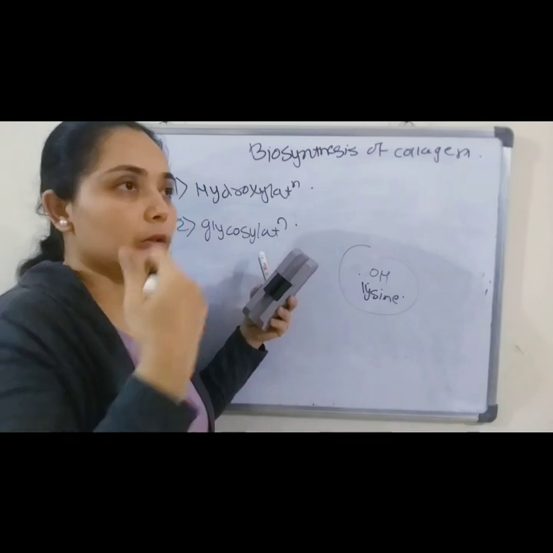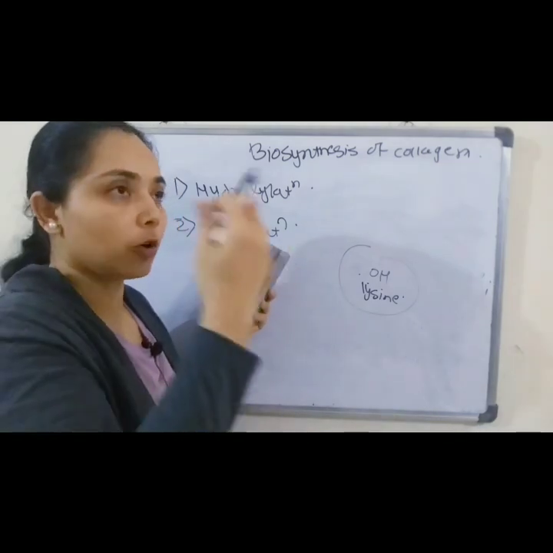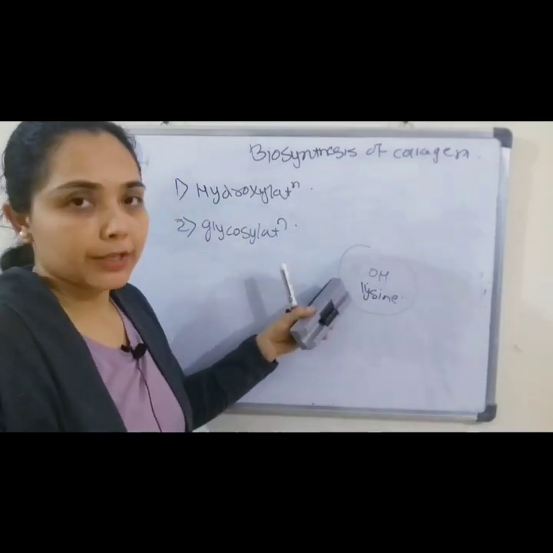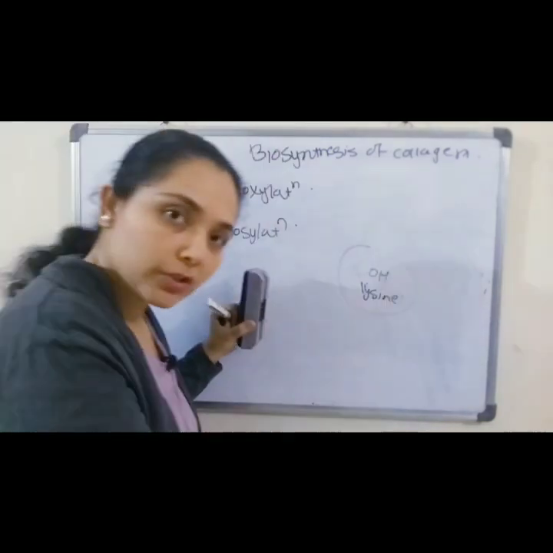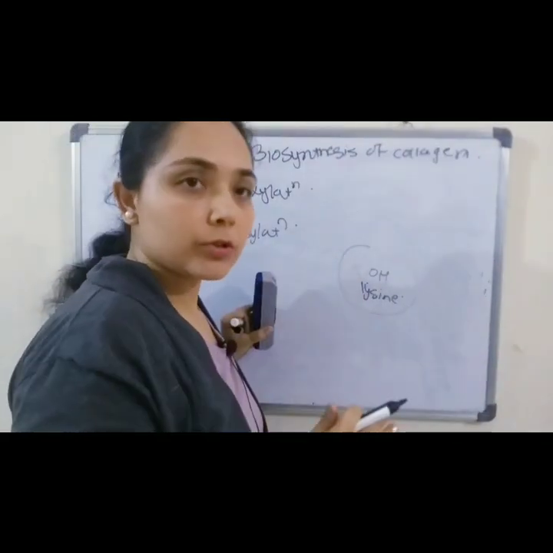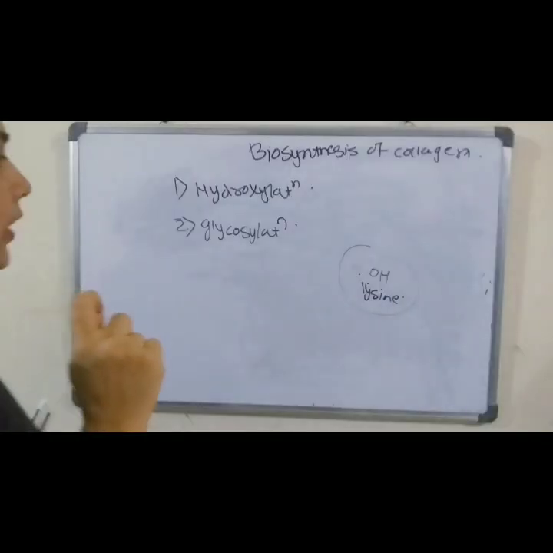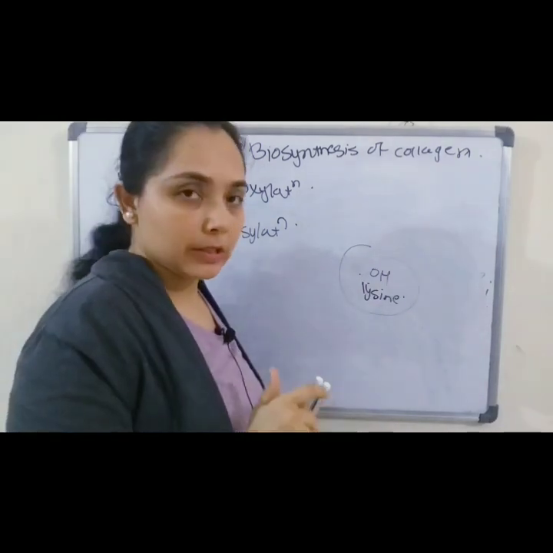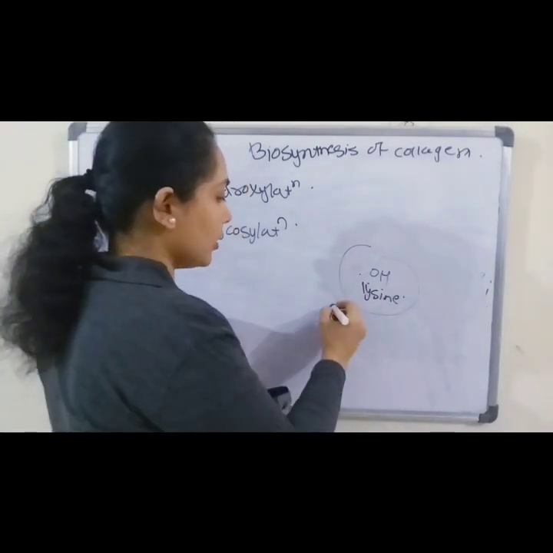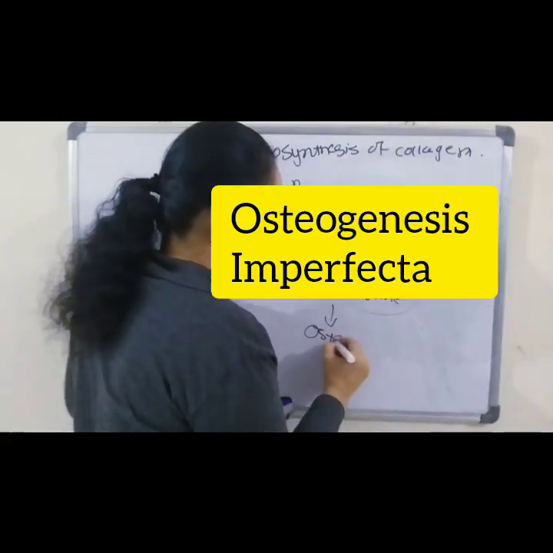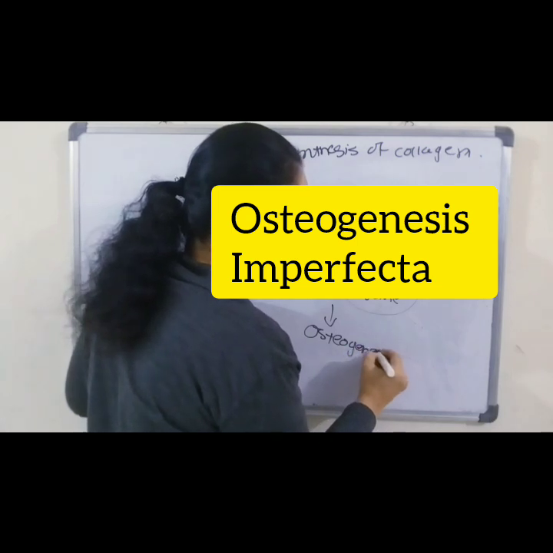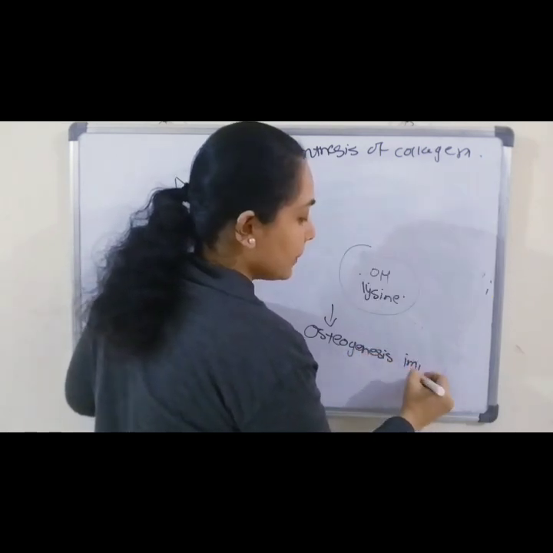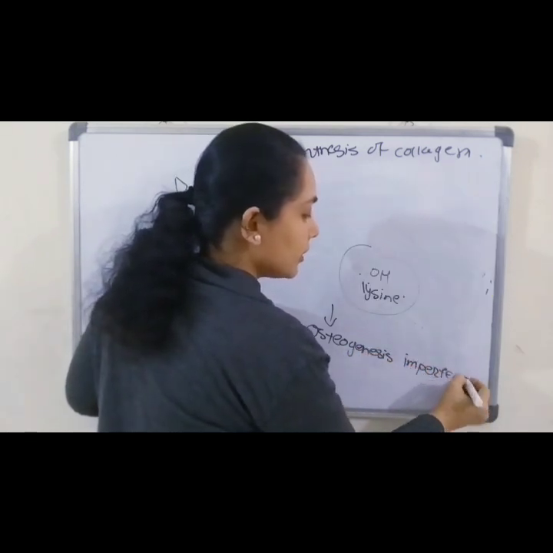So during the covalent modification or bond formation, this modification will help. So first is the hydroxylation, second is the glycosylation. If there is a defect in the glycosylation, the disease that occurs will be osteogenesis imperfecta.